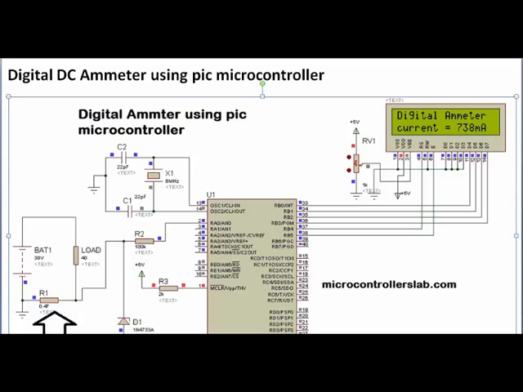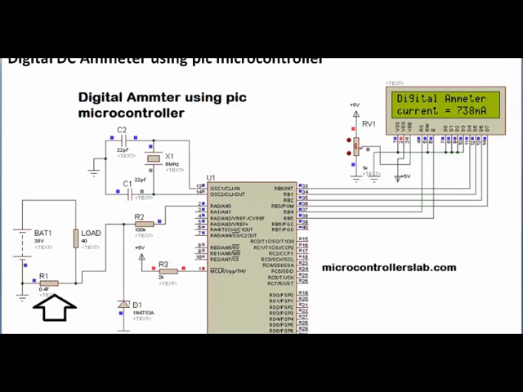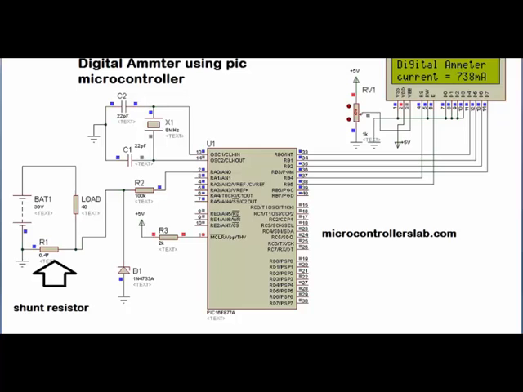So here it is. As you can see, in this circuit we have connected a DC battery of 30 volt, and we have a load of 40 ohm, and we are using a 0.47 ohm shunt resistor.